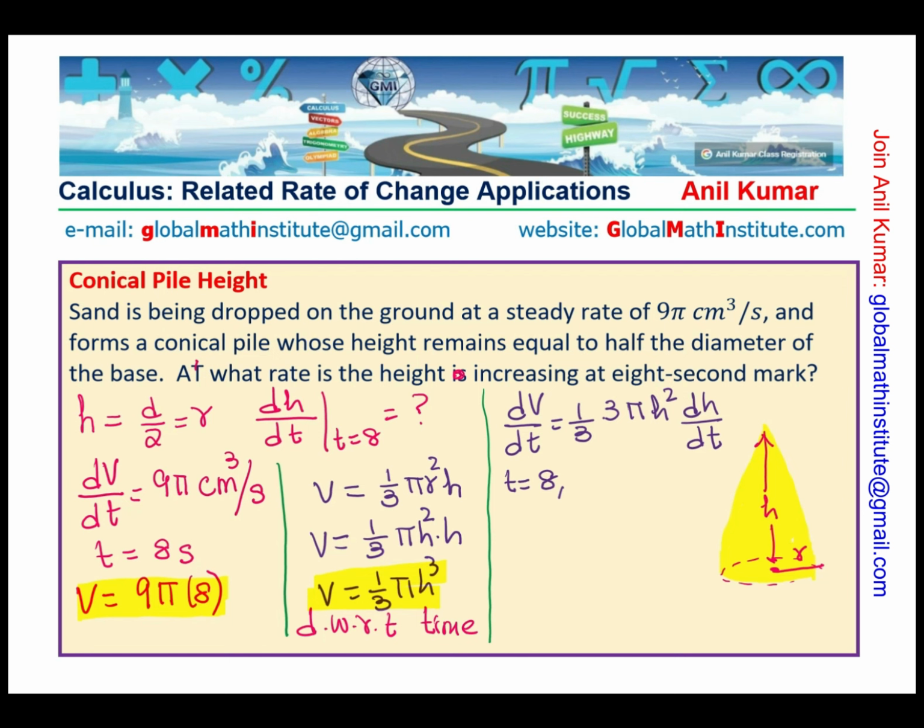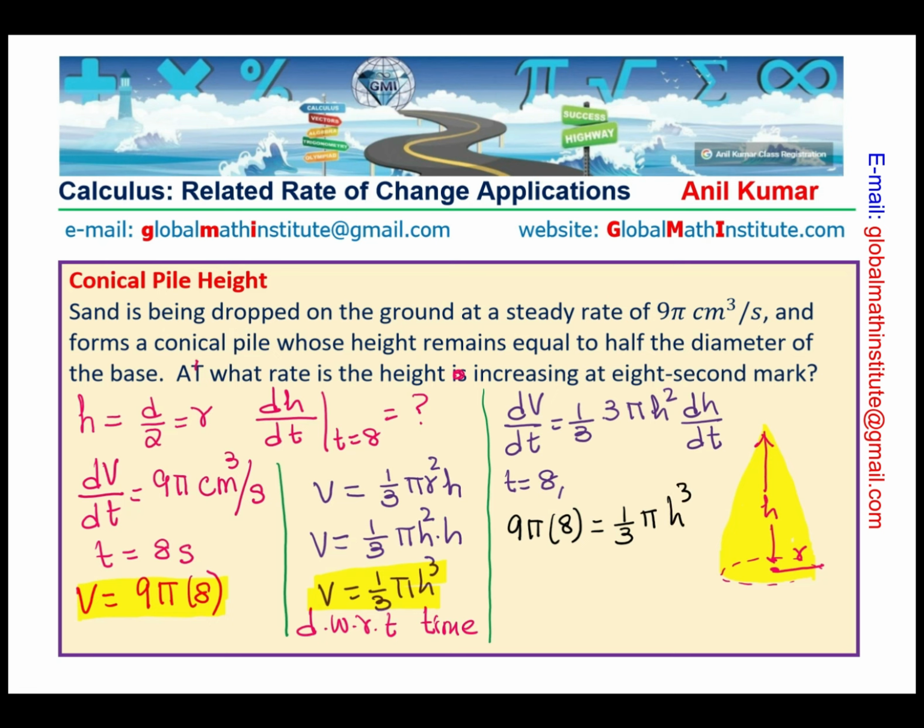So 9 pi 8, I'm writing 8 at present, not multiplying them, is equal to 1 by 3 pi h cube, right?